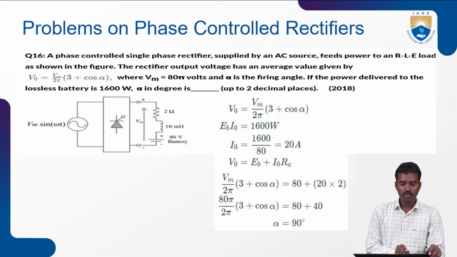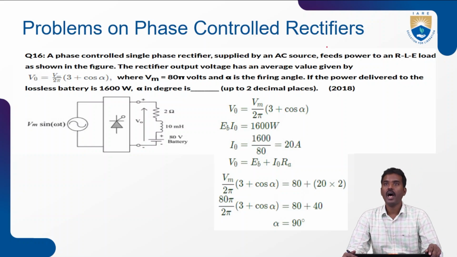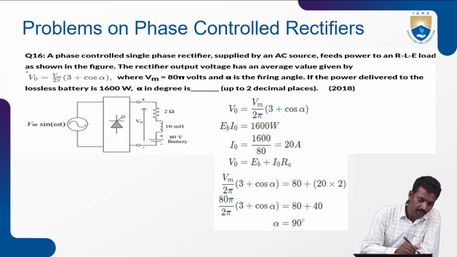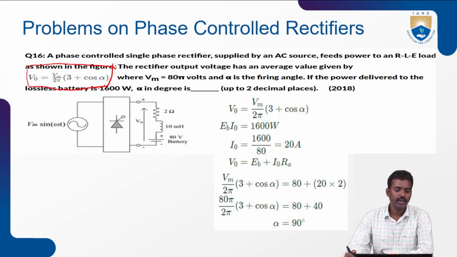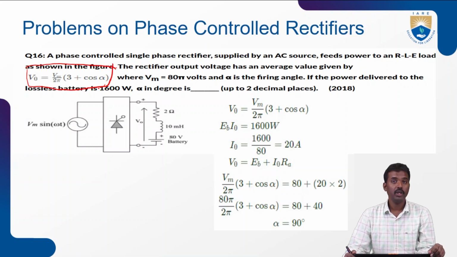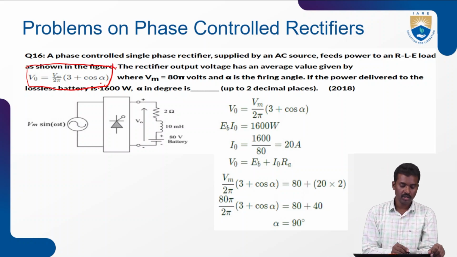A phase controlled single phase rectifier supplied by an AC source supplies DC power to an RLE load as shown in the figure. The rectifier output voltage average value is given by, and this is important, V0 equals Vm by pi into cos alpha.